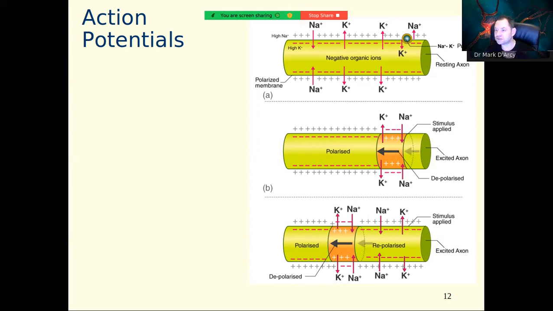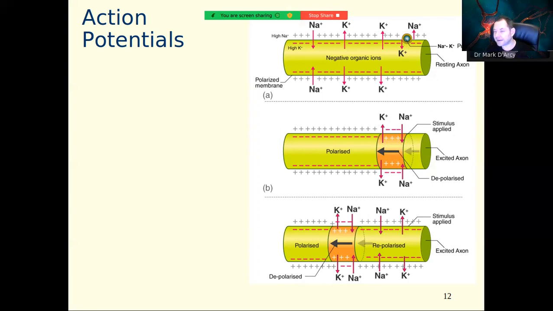Now, both are positively charged, sodium and potassium, but more sodium is pumped out than potassium is pumped in. It's not on a 1-to-1 ratio. So as this pump operates, in effect, more and more positive charge leaves the neuron. So you end up with a resting potential of minus 70, where you have more sodium outside the neuron, and more potassium inside of the cell. This is known as an electrochemical gradient.